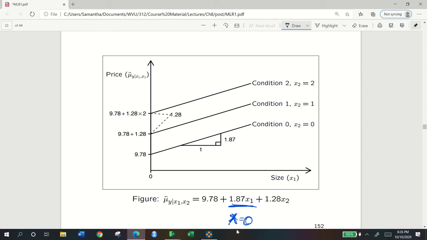So we're holding x1 equals 0 fixed and seeing the increase in our response as we increase our condition. Although now that I'm looking at this, yeah, that holds still.